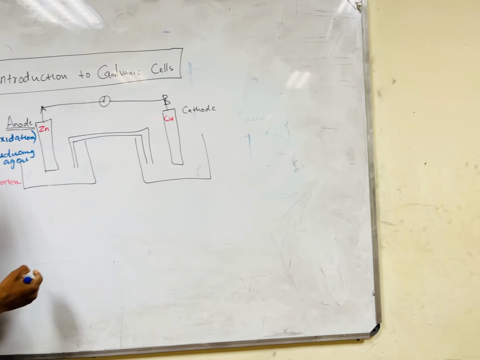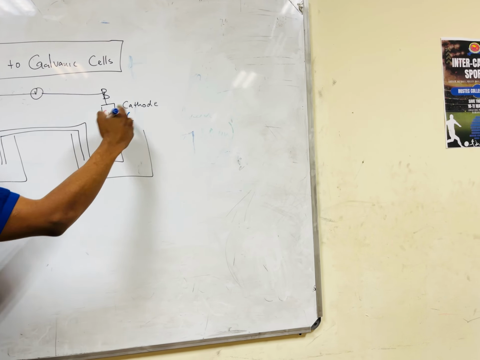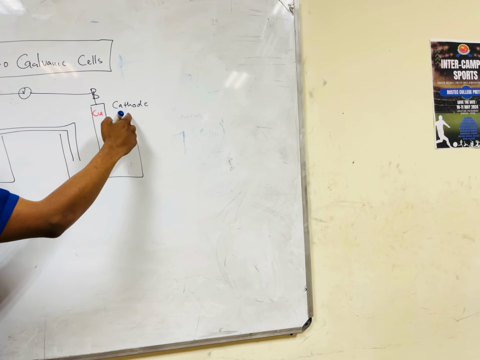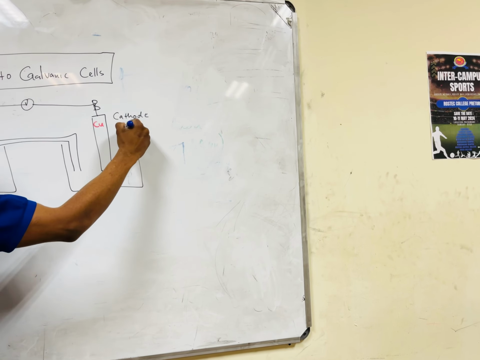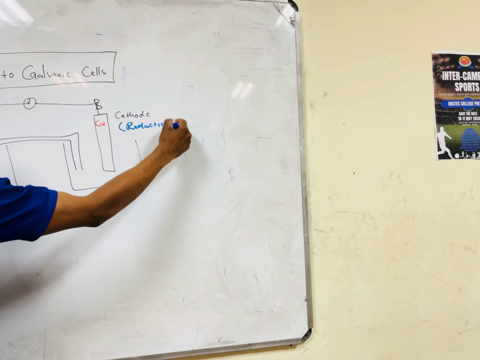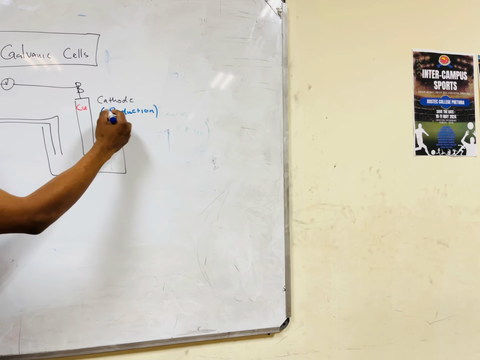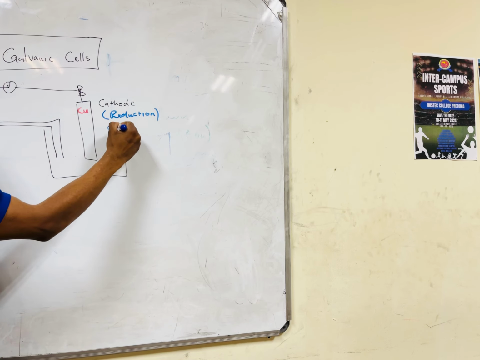And we go to the other side. Cu is the cathode. If Cu is the cathode, it means that Cu undergoes reduction. If Cu undergoes reduction, it means that Cu is the oxidizing agent.